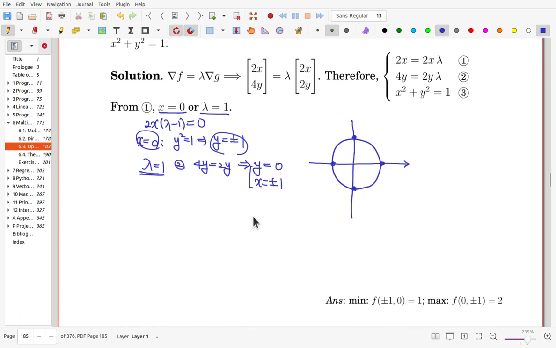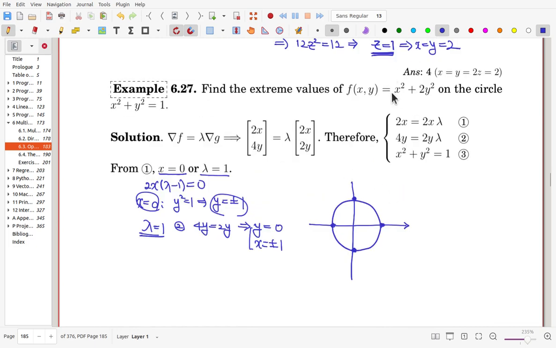We found these points, and here the function is x squared plus 2y squared, x is 1, y is 0. So here f is 1. Of course, over there also f is 1.